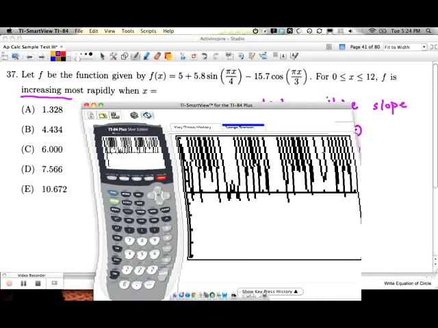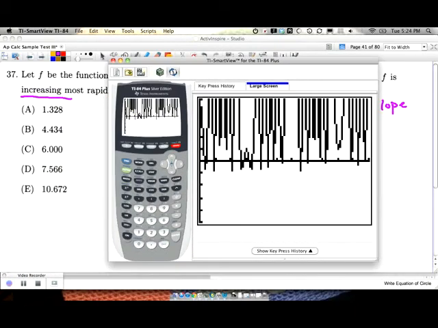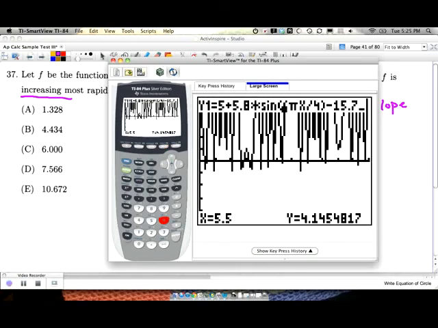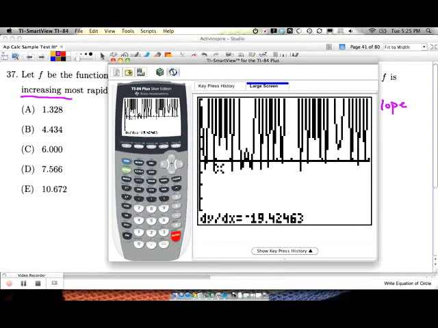So it's saying which slope is greatest. So let's calculate the slope at 1.328. Second, calculate the slope, which is dy dx, at 1.328.